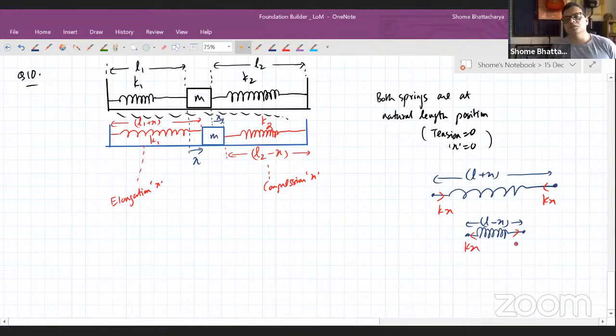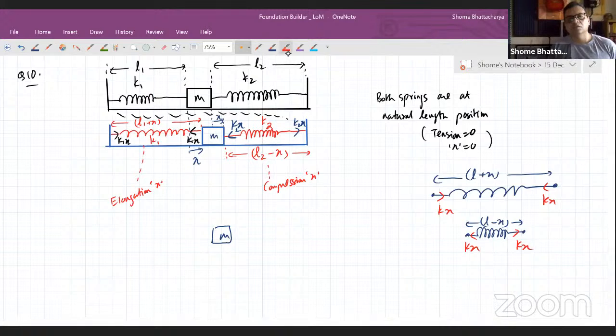It always tries to restore the spring back. So this one is compressed, so it will apply force k2x on either side. And this one is elongated, so it will apply inwards force on either side.